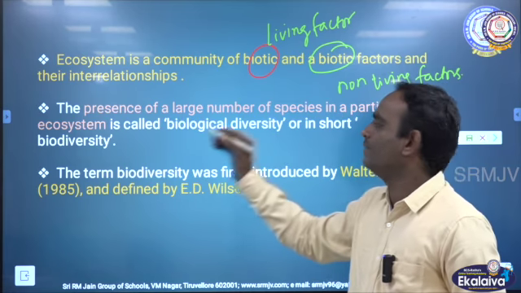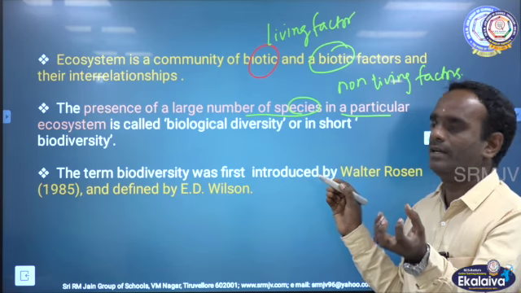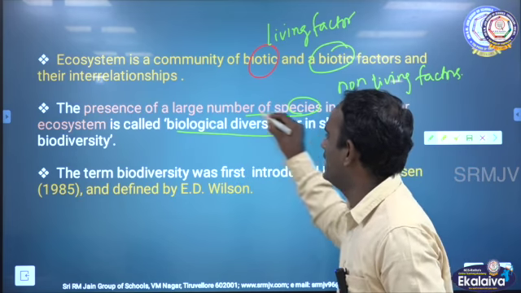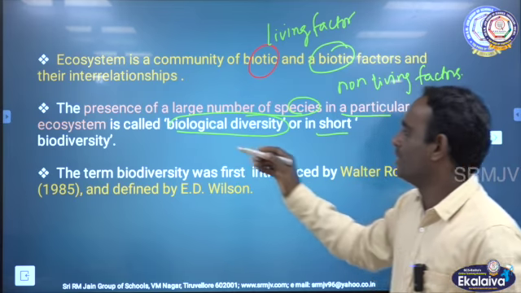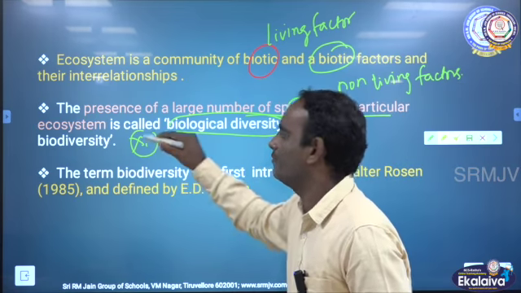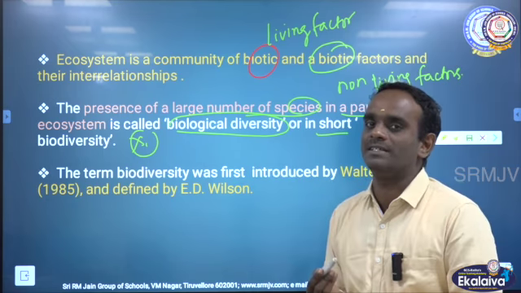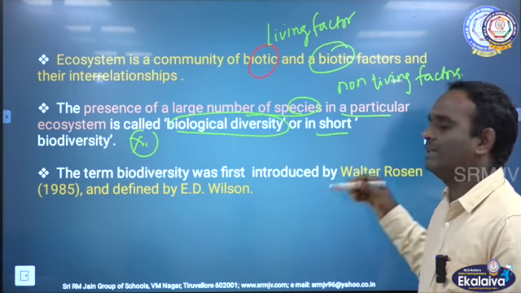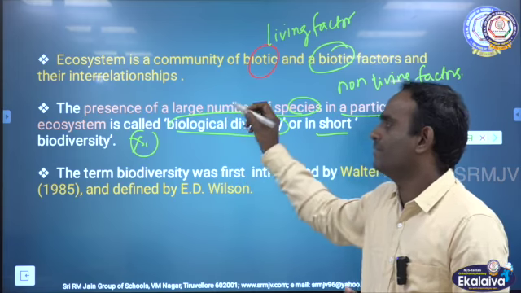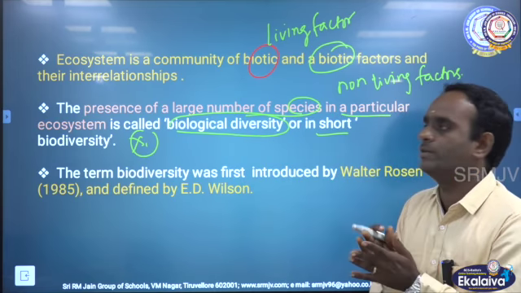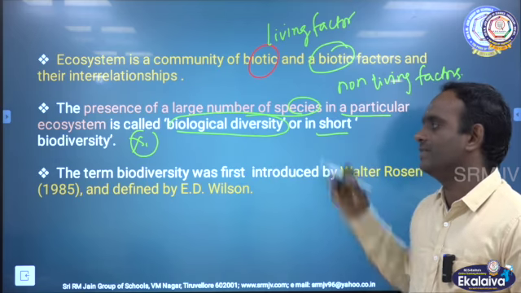So, the presence of a large number of species in a particular ecosystem is called biological diversity or biodiversity. Very, very important one. The presence of a large variety of species in one particular ecosystem is called biological diversity or biodiversity.